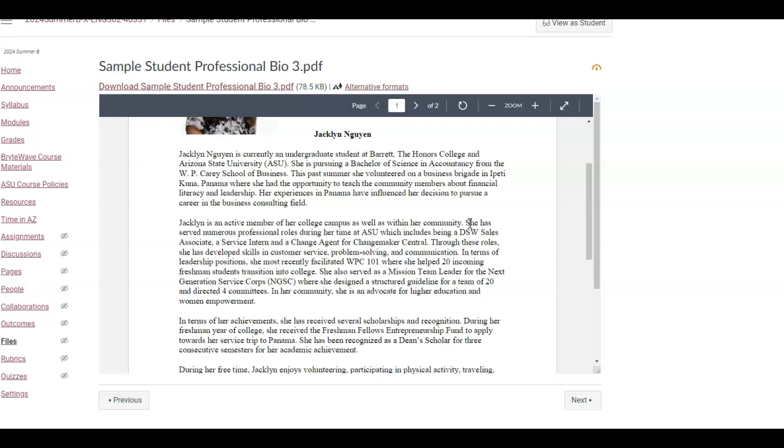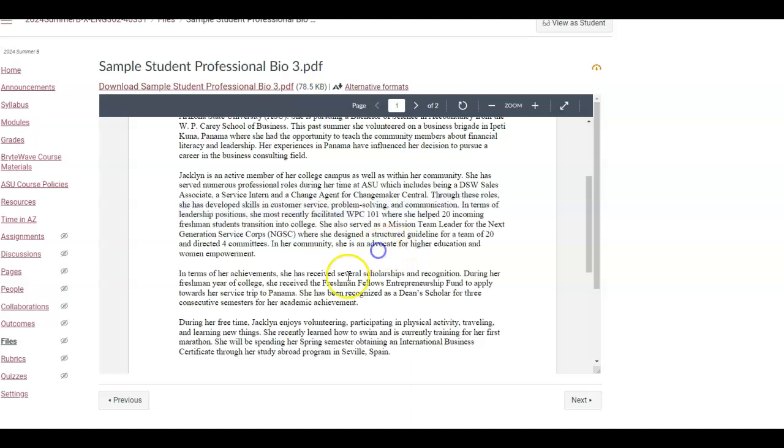That's her opinion about Jacqueline. But then she brings in the evidence: okay, how do you know? Prove that she's active in her college campus and her community. And so she starts naming names. She says exactly what she has done, and then in those roles, what skills she has developed in those roles. Very specific, very detailed, written in third person.